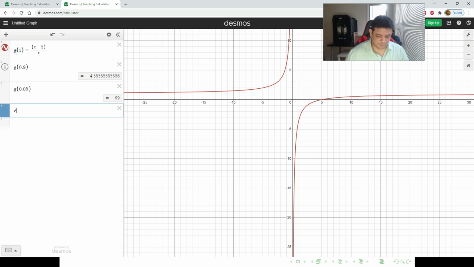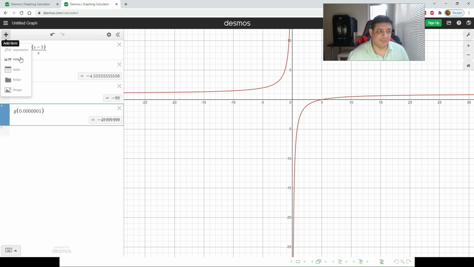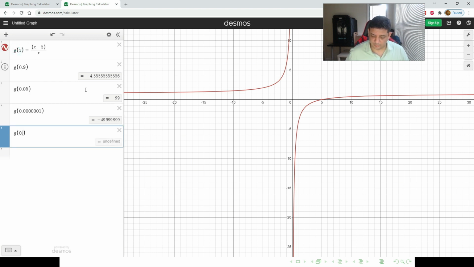And now let's use something much closer to 0, 0.001. As you can see, it's growing, but not as fast as we think it can. So probably this is going to grow really slowly.